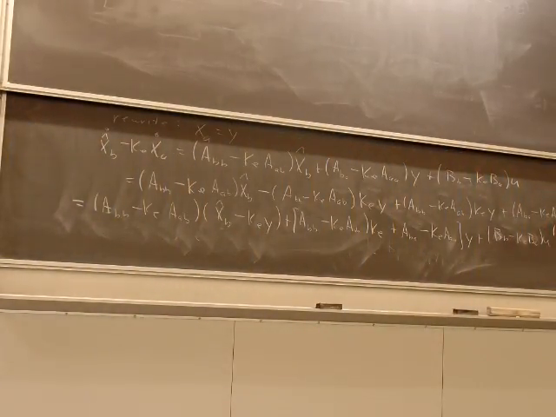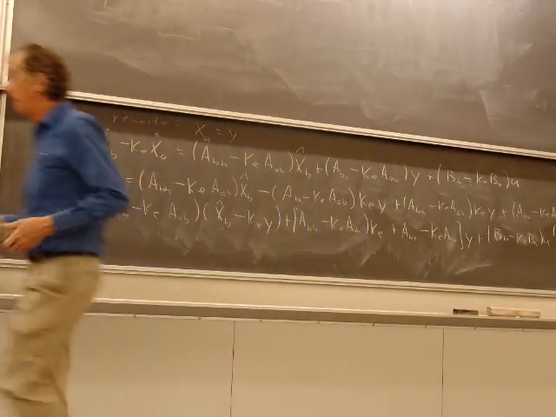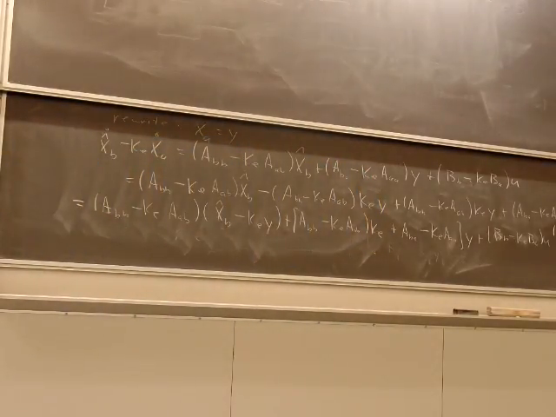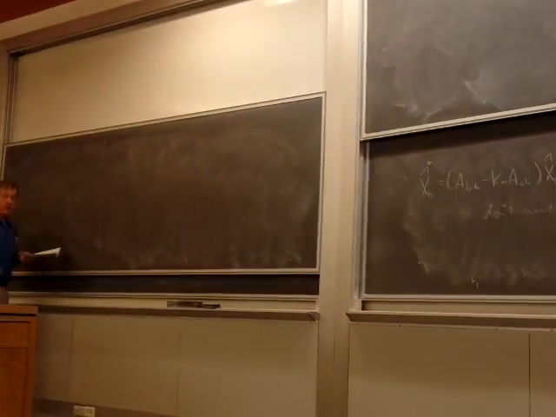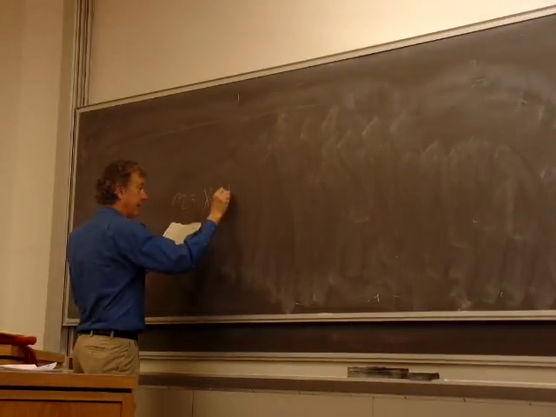A little bit simpler, but the next trick to do is a variable substitution. And that variable substitution is the following. New variable eta will be xa minus Ke y.